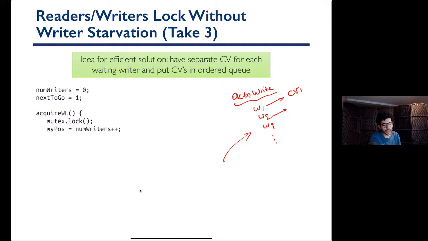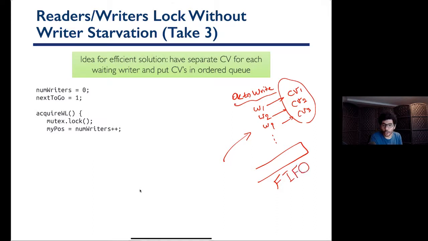This one will have condition variable 1, this one condition variable 2, this one condition variable 3. So everybody will wait on its own condition variable, but then we can put these condition variables in a queue, our own first come, first served, first in, first out queue.